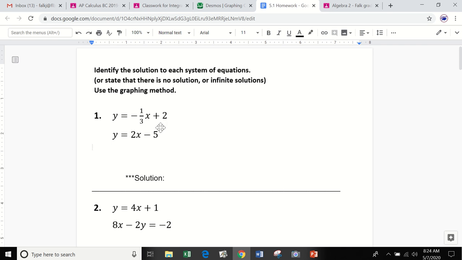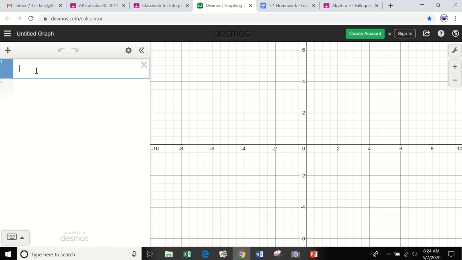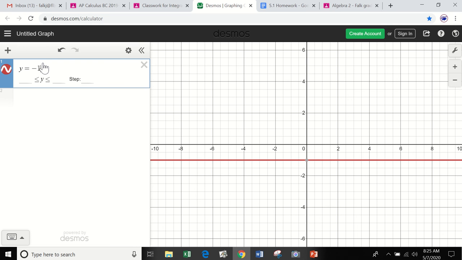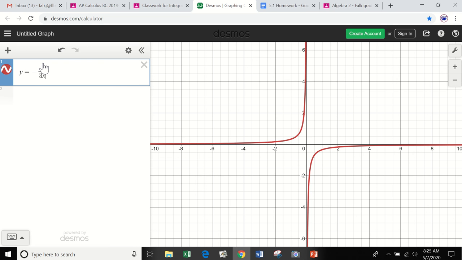Now what you've got to do is use that website to graph these lines. So y equals negative 1/3 x plus 2. Here we go. You click here. Y equals negative 1/3 x.